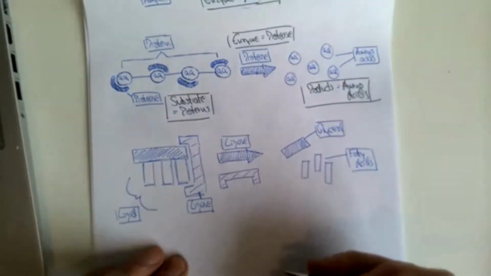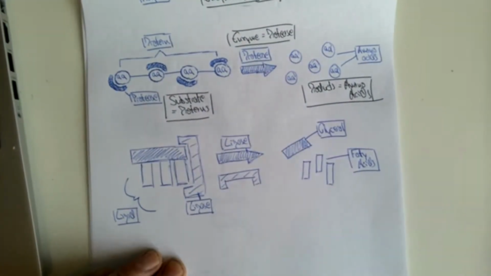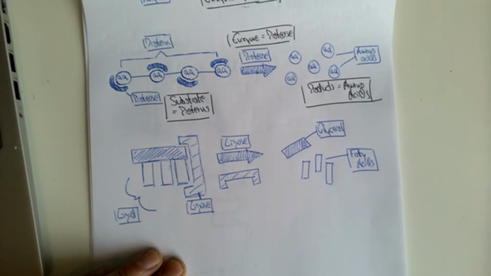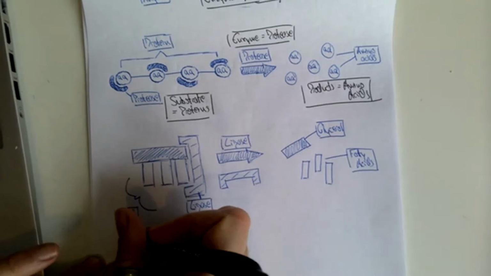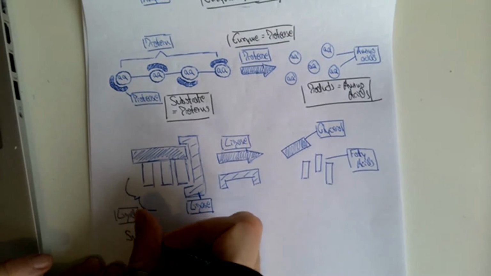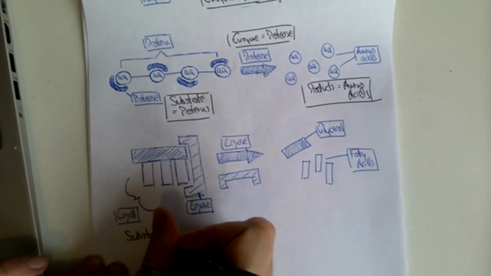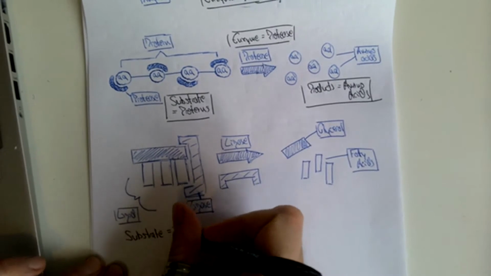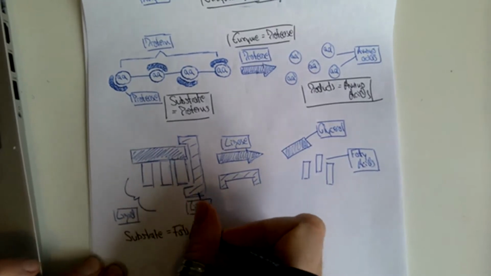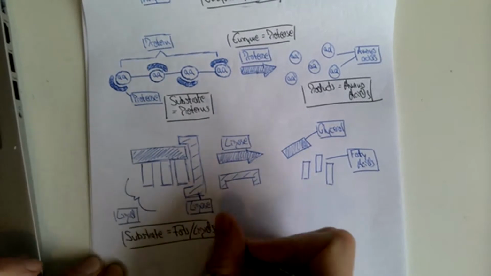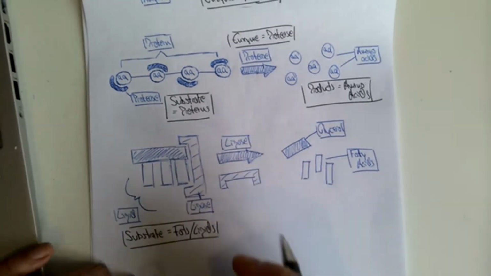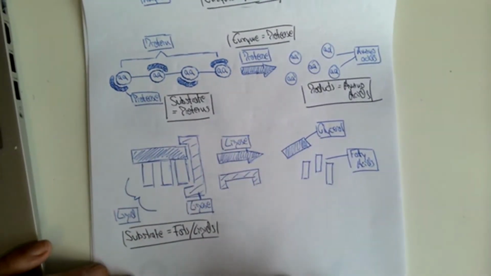And then our final example is fats. Now, fats are often referred to as lipids. So our substrate is fats or lipids, which obviously are found in quite a few fatty foods, butter, dairy, chocolate, any such sorts.